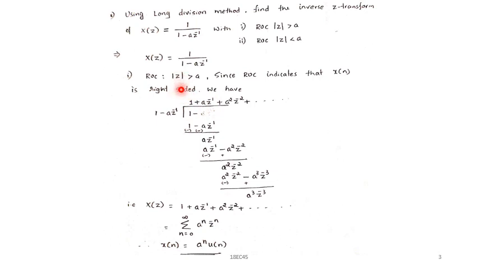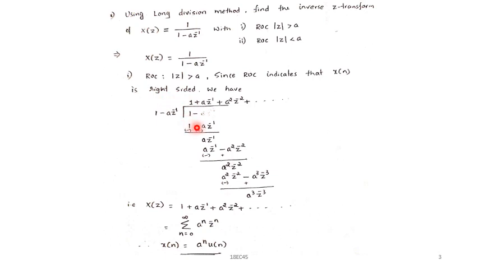Now to apply the long division method, I divide the numerator by the denominator. I take 1 as the dividend and 1 minus a z inverse as the divisor. I consider the first term as 1 and multiply 1 into the divisor.